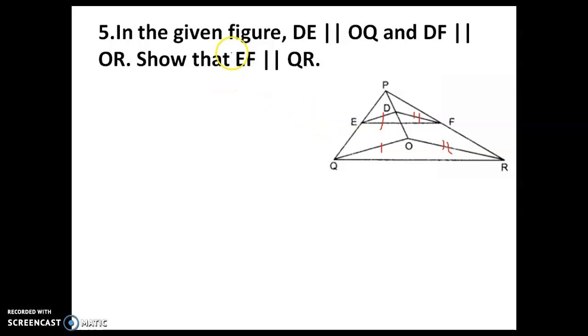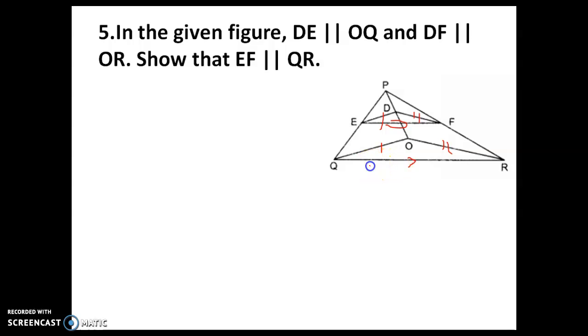We have to prove EF parallel to QR. We have to prove this line EF is parallel to this line QR. It's given DE is parallel to OQ and DF parallel to OR. We have to prove EF parallel to QR.